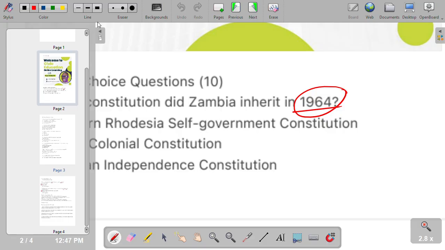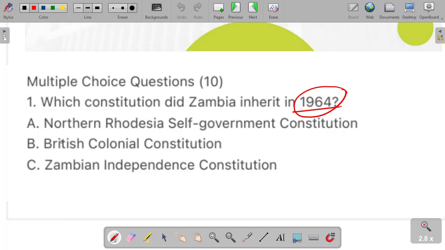So our correct answer is Northern Rhodesia Self-Government Constitution.